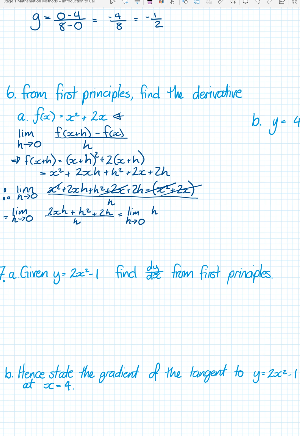So we put h outside of (2x plus h plus 2) divide by h. So we cancel that out, and now we can determine the limit by setting h equal to 0, which will give us 2x plus 0 plus 2. So our first principles will give us 2x plus 2.